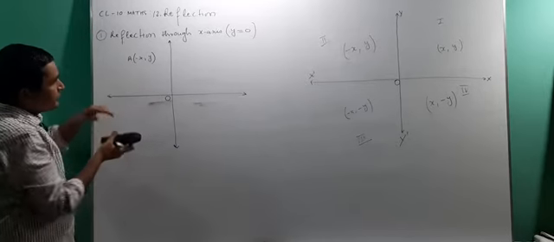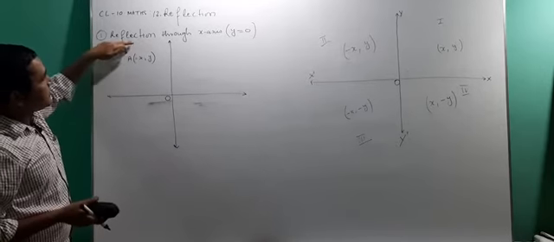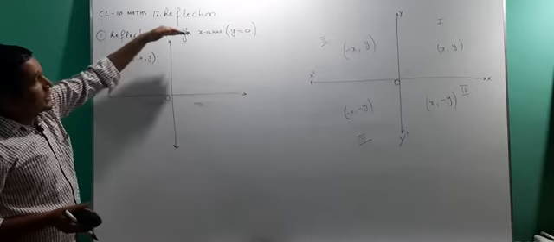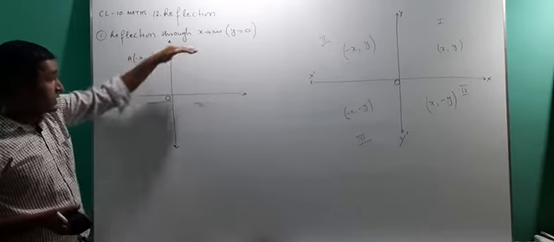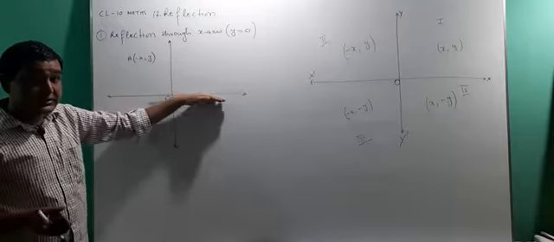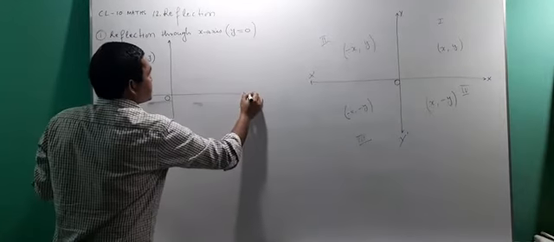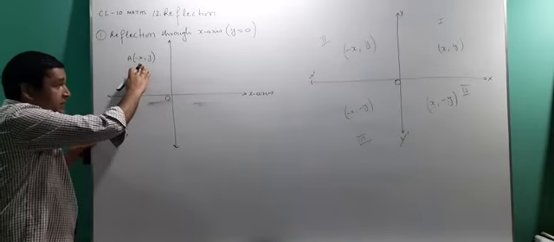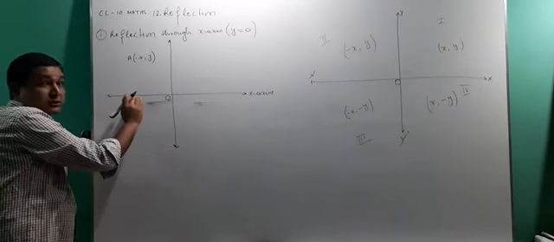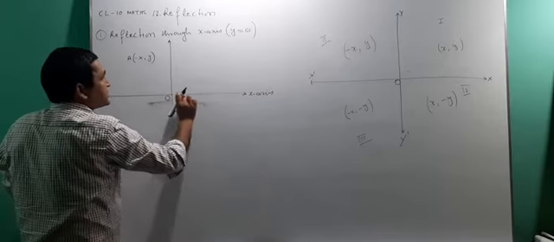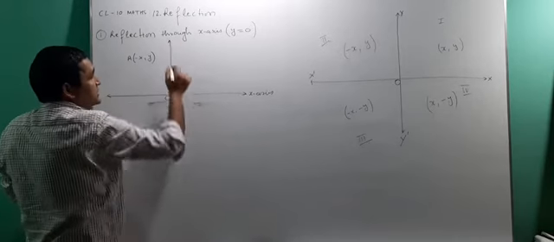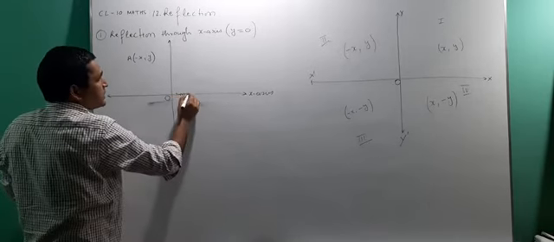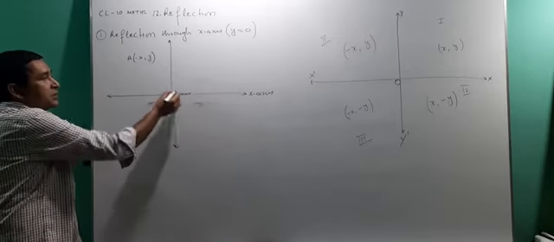Because the question asks to find the reflection through the x-axis, or y equals 0. The x-axis means this horizontal line. When this object reflects through this mirror, the x-axis is a mirror. Reflection through the x-axis means this is the mirror.